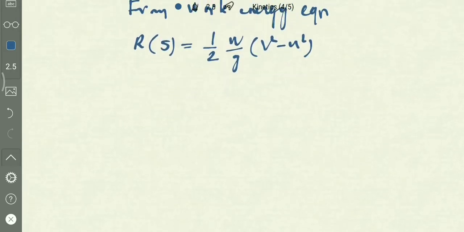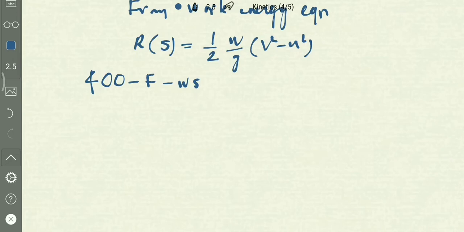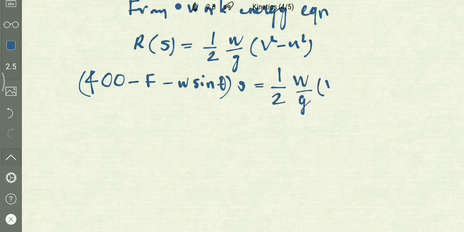Let us take the forces upward the plane as positive. 400 newton is acting upwards, and the downward forces are the frictional force, and also W sin theta is acting downwards. The distance moved S is equal to half into W by g into v square minus u square.